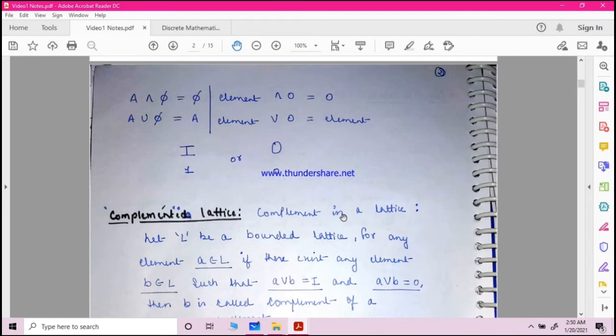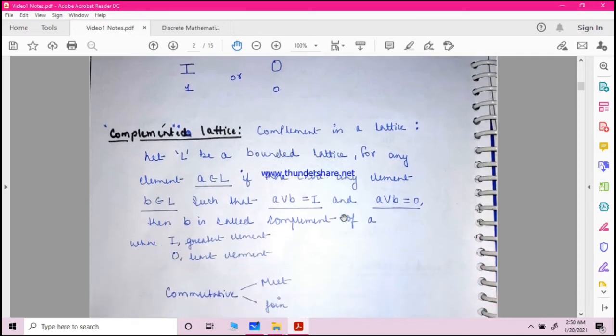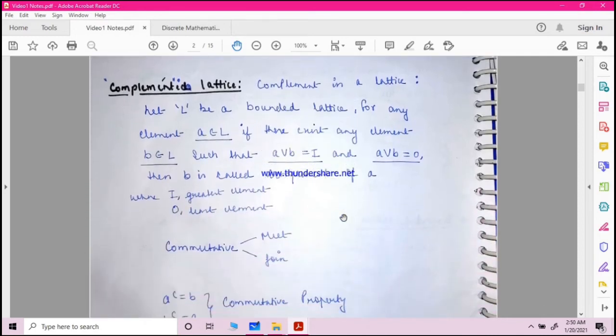What is a complemented lattice? Or what is a complement in a lattice? Let L be a bounded lattice.